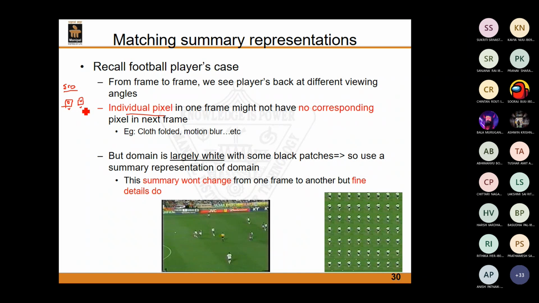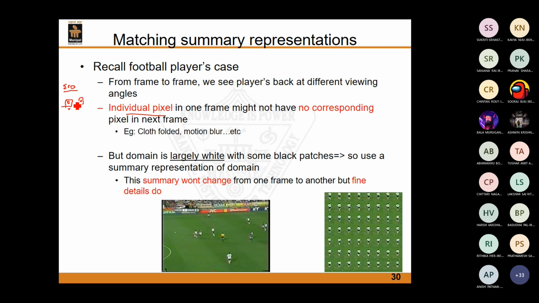If that has happened, the pixel intensity values of this object would change, right? It would change with respect to the illumination variation that has occurred.